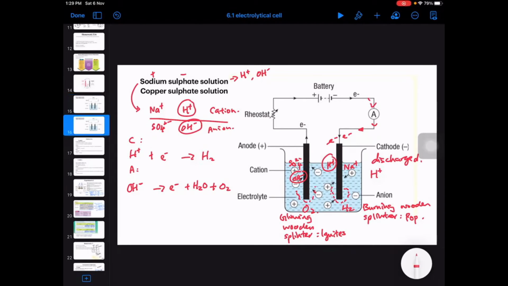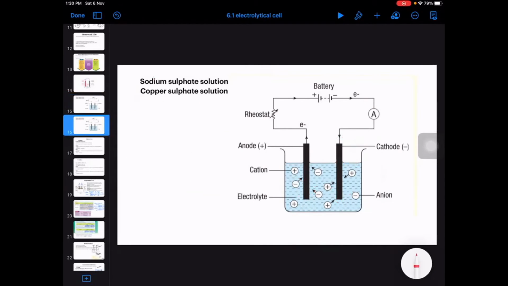We look at another example, copper sulfate solution. Same thing, you have copper ion, sulfate ion, hydrogen ion and hydroxide ion. Again, copper ion and hydrogen ion both move to the cathode, and sulfate ion and hydroxide ion move to the anode.